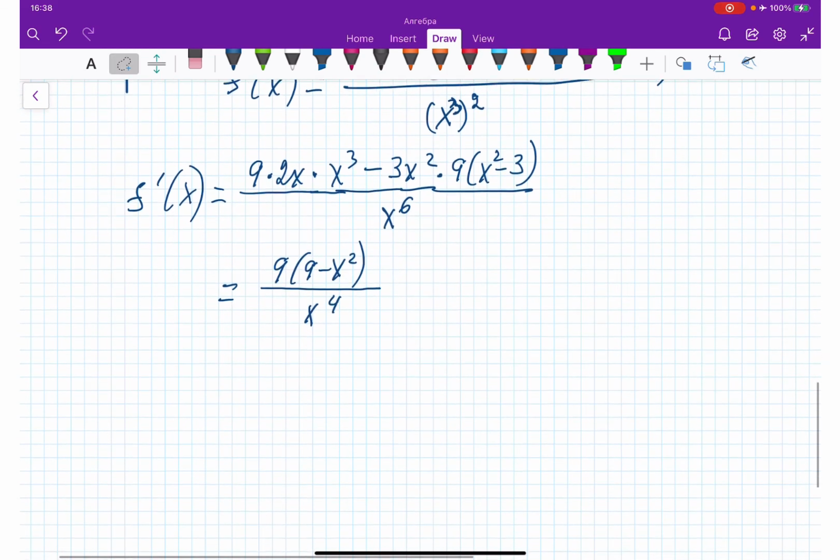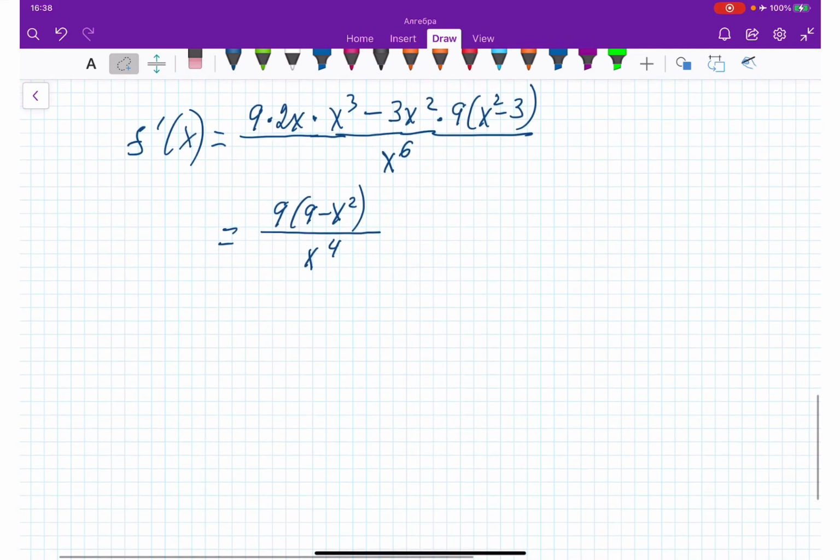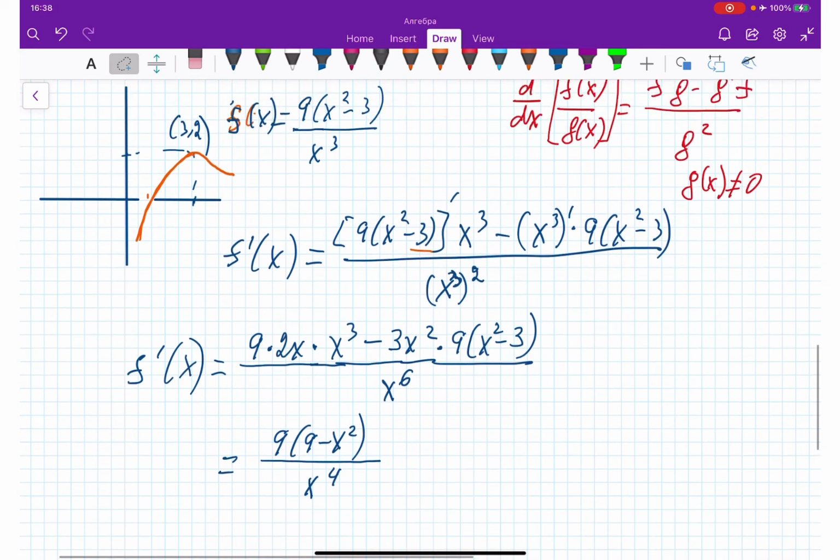Okay, so f prime of x is equal to 0. Now we are given the point 3 and 2. Here 3 and 2. And we need to figure out if this is indeed gonna be a relative maximum. So, okay, let's see.